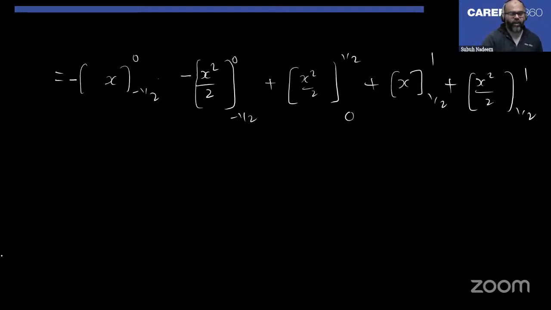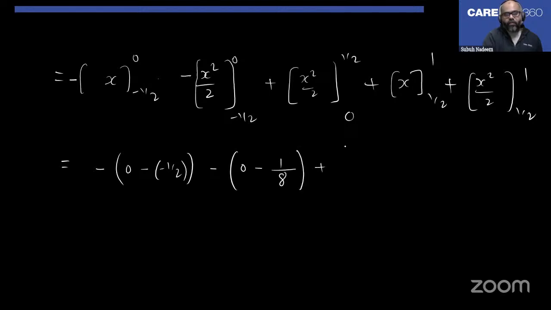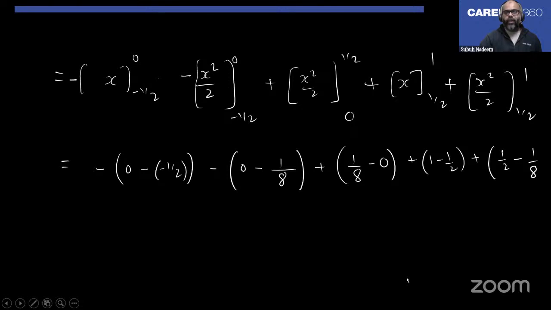So I hope you have calculated it. What it is becoming is minus 0 minus half, and this is minus 0 minus 1 by 4 into 2, 1 by 8. Plus this will become 1 by 4, 1 by 8 minus 0. This will be 1 minus half, and this will be 1 by 2 minus 1 by 8. Actually 1 by 2 minus 1 by 8, yeah, correct.